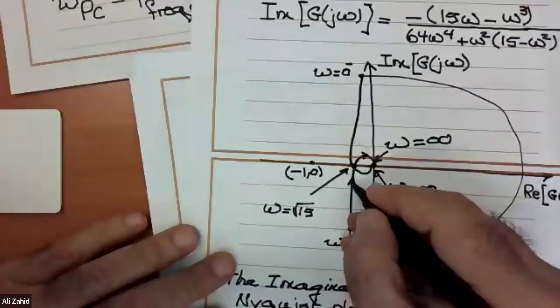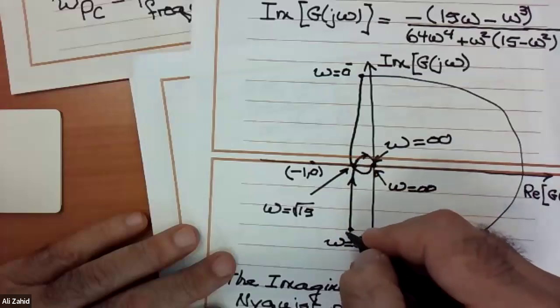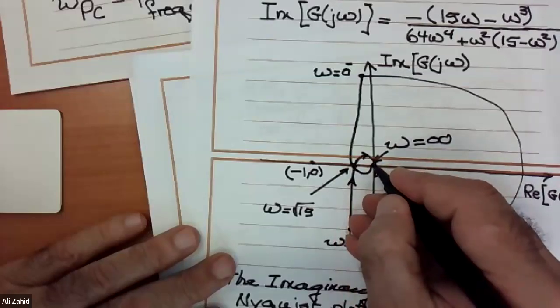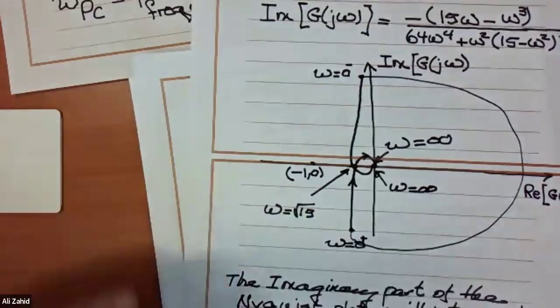So as I move along this axis, I am increasing omega from 0 plus all the way to what? Infinity. The point where it intercepts the real axis is the square root of 15. Give me a value more than square root of 15. Let's assume 5.